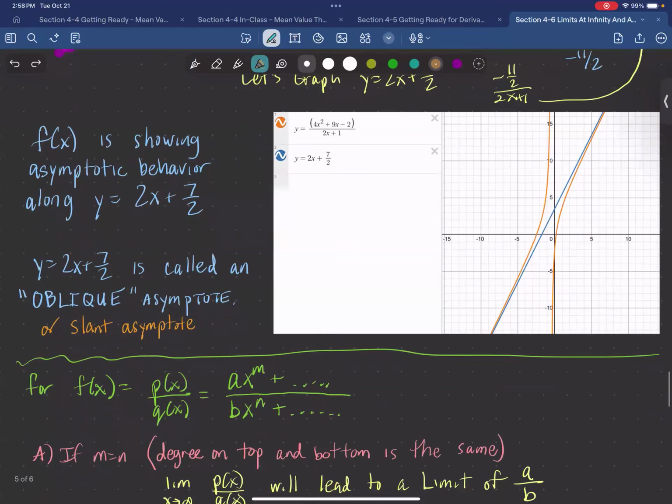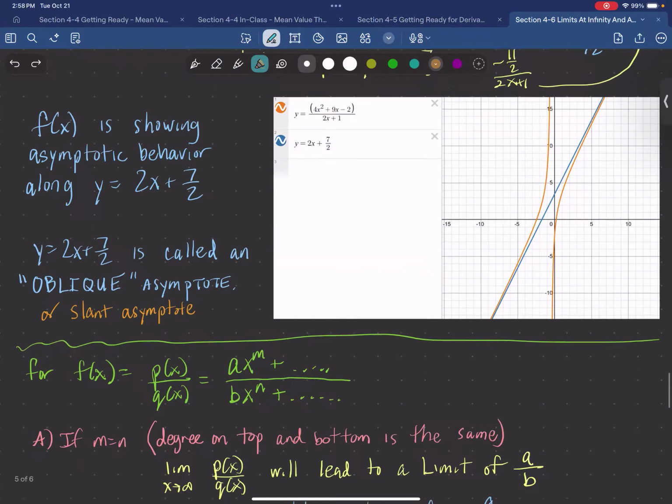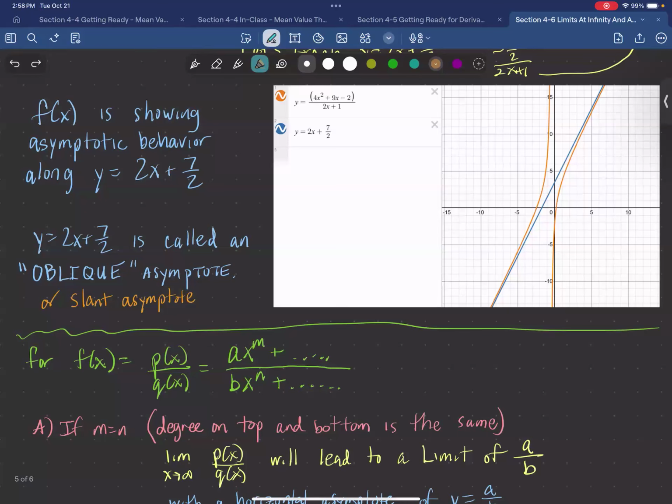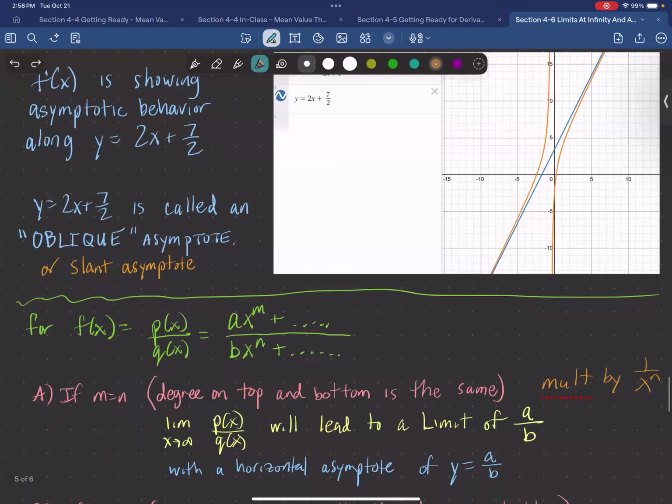So if m equals n, so the degree on top and the bottom is the same, you still need to multiply by 1 over x to the n. You're going to see that the limit leads to the coefficients. That's all that's going to be left. You still have to show the work, so the limit will be a over b. You'll have a horizontal asymptote of y equals a over b.